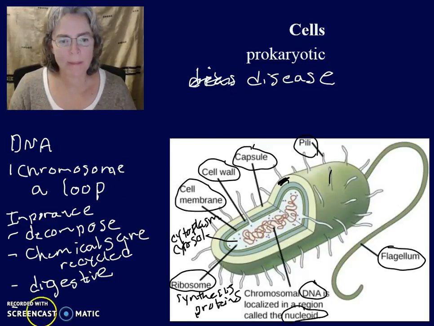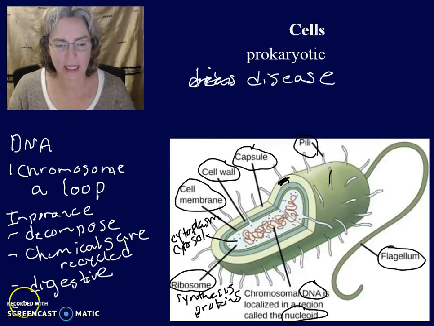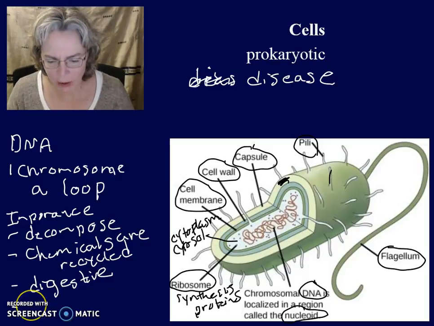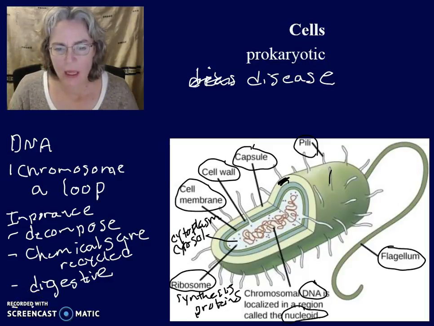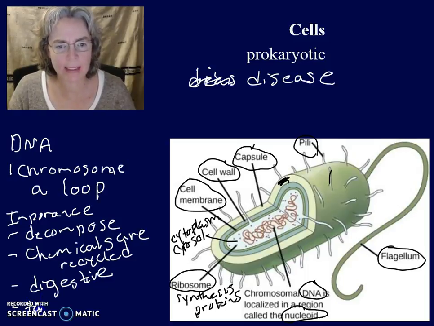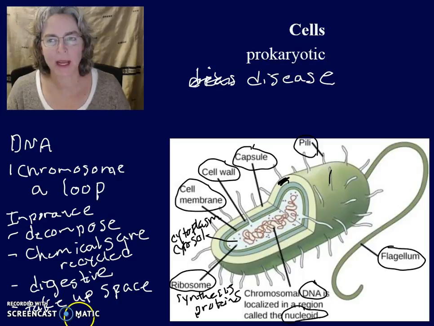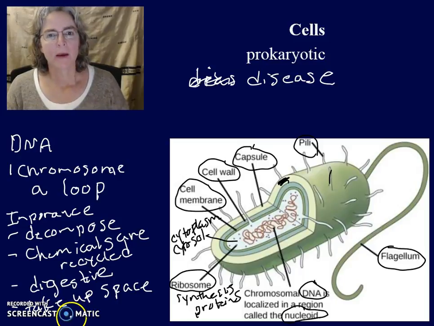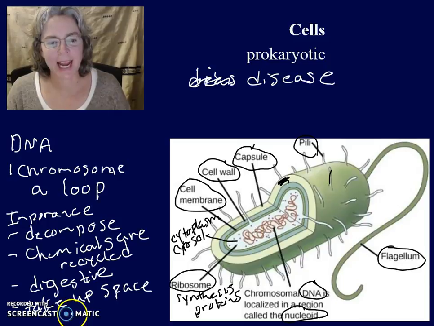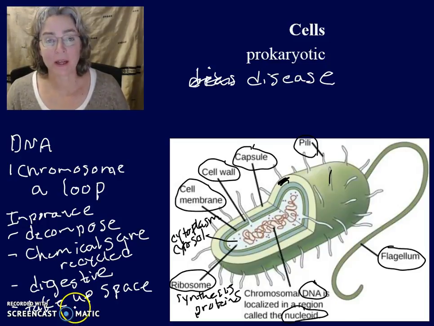But there are many that we have on our skin that are just hanging out. So they take up space. And that's really important because they're taking up the space so that disease-causing bacteria can't get a hold. So, bacteria, really important. Prokaryotic, single-celled organisms.